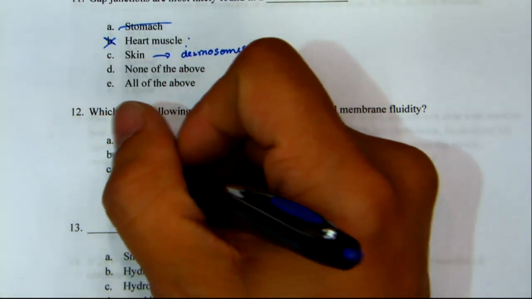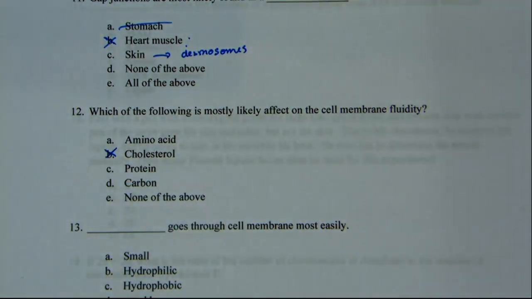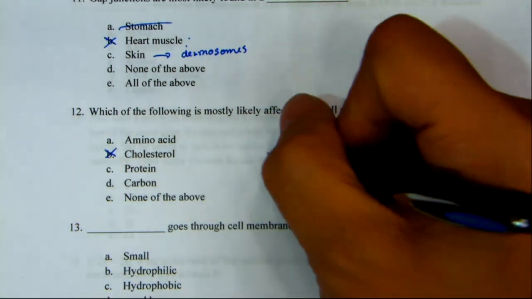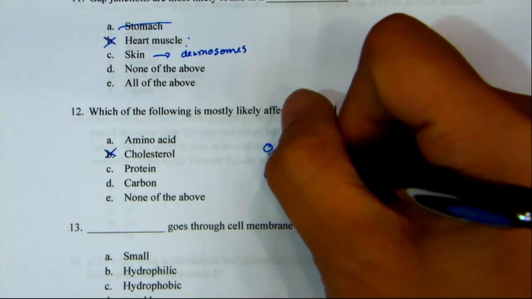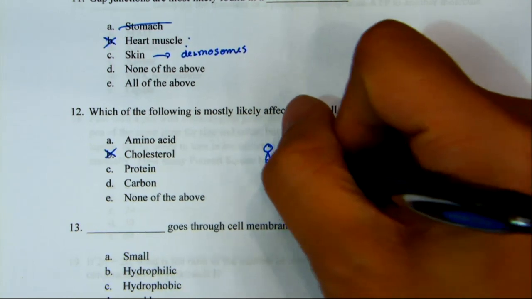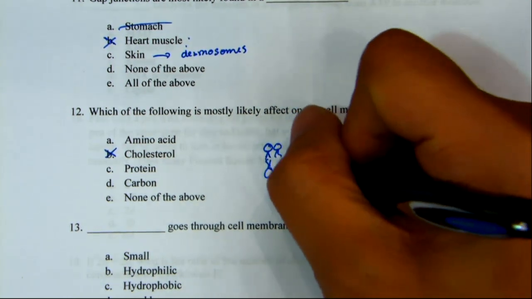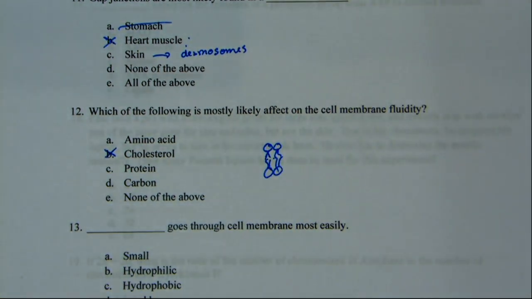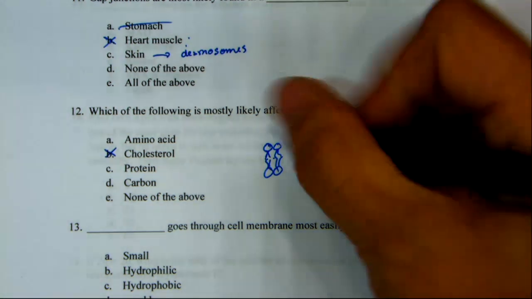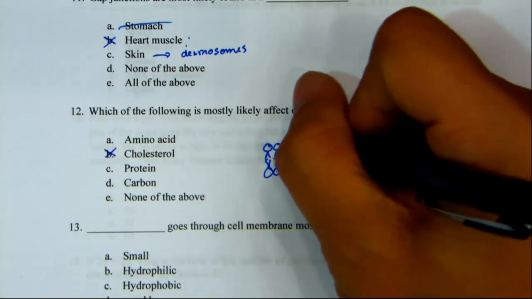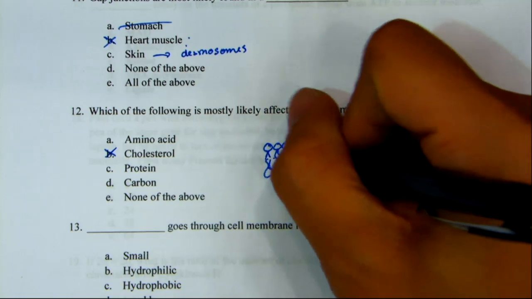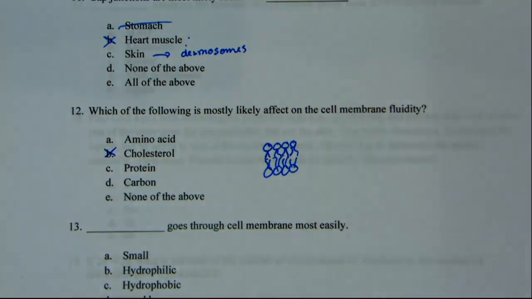Cholesterol. Okay, so this one is sort of memorization, but at the same time, to explain a little bit, if you have the bilayer, the phosphates, right? So this is how the membrane looks like.